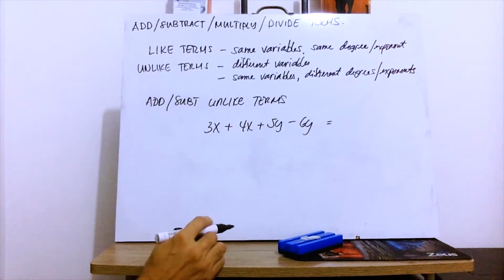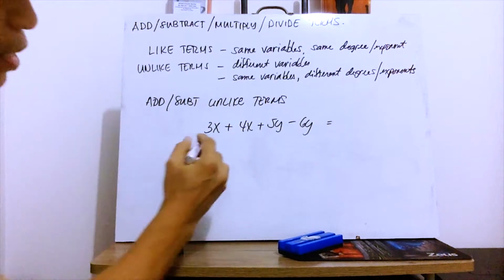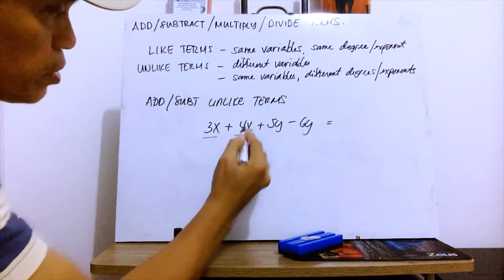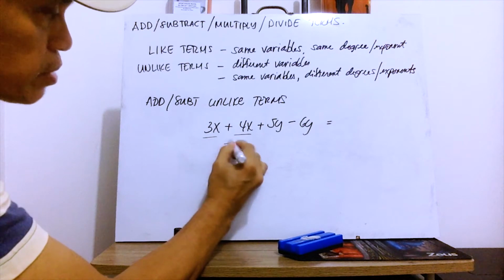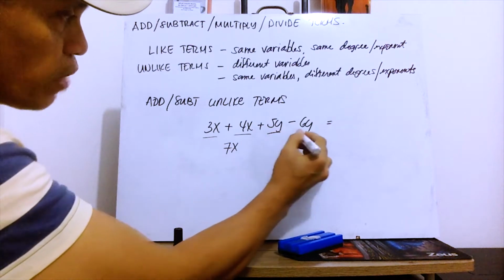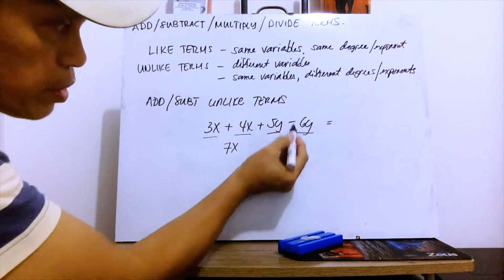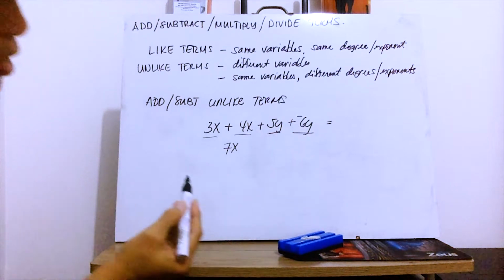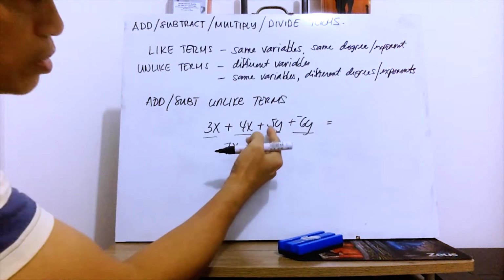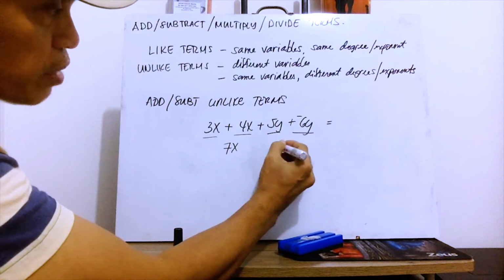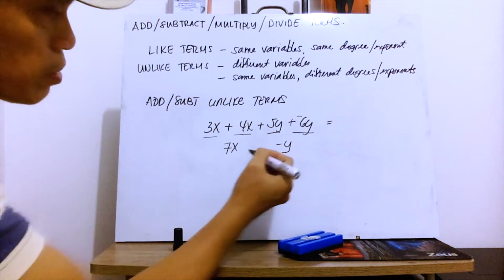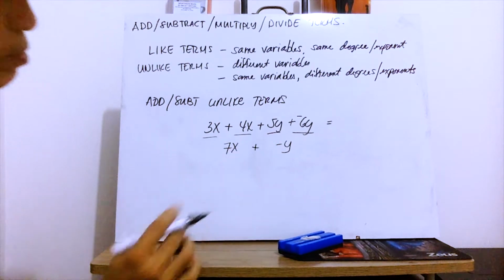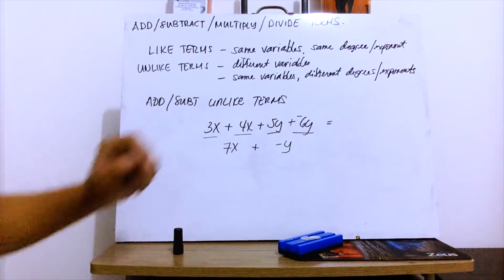Okay. Let us combine like terms first. 3 and 4, that is 7x. 5 and negative 6. Remember, make it plus, then put the negative sign to the next term. So 5 plus negative 6, that's negative 1y or negative y. So 7x plus negative y.